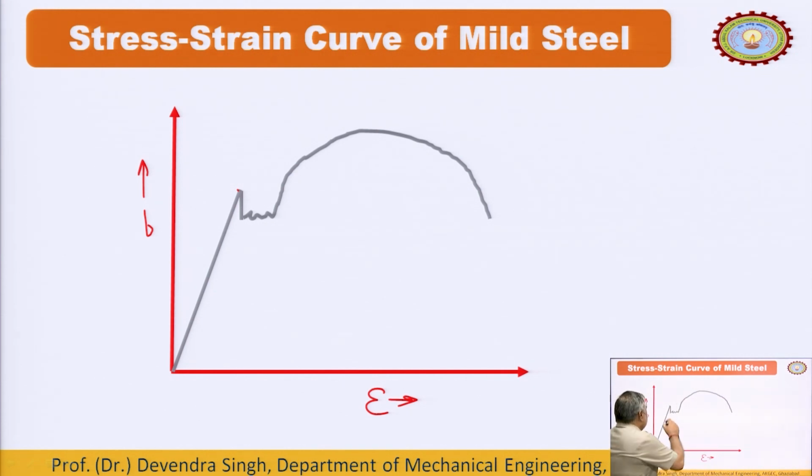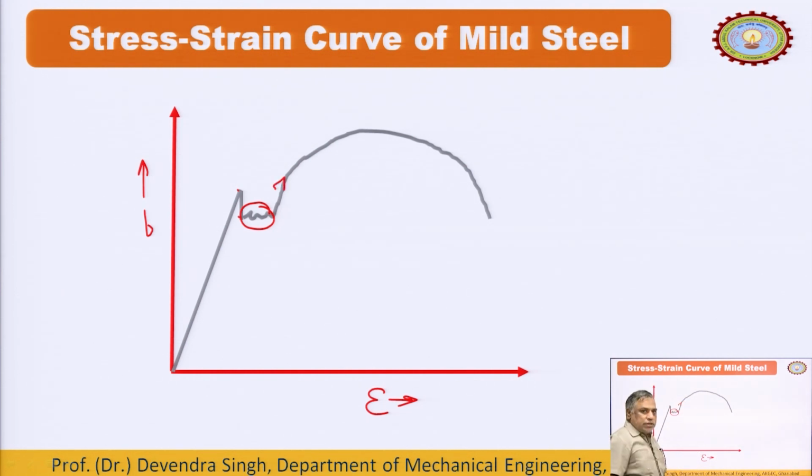The next point, just below the upper yield point, is the lower yield point. Then this region is strain hardening, where molecular and atomic rearrangement and reorientation takes place, and the mild steel regains its resistance against the deforming load.